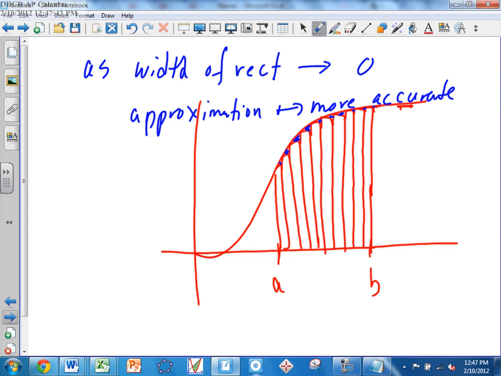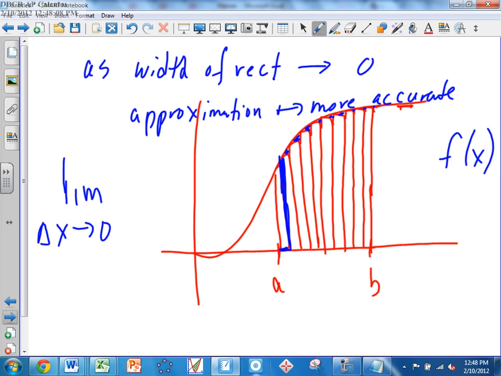Remember how the definition of the derivative was a limit also. We are really trying to figure out the limit. How close is it to 0? The limit as delta x goes to 0 of delta x times f of x for all values. Again, the height of the function is f of x.